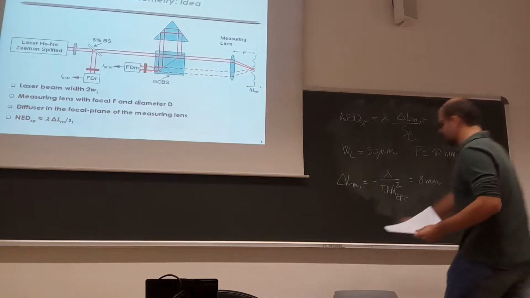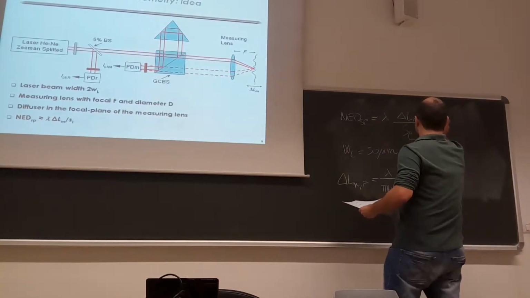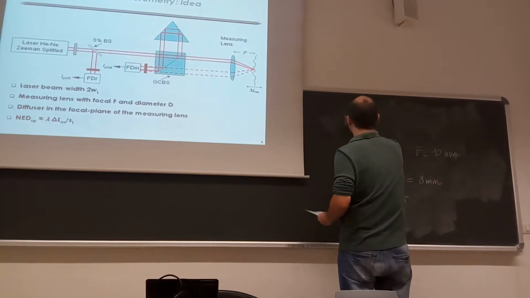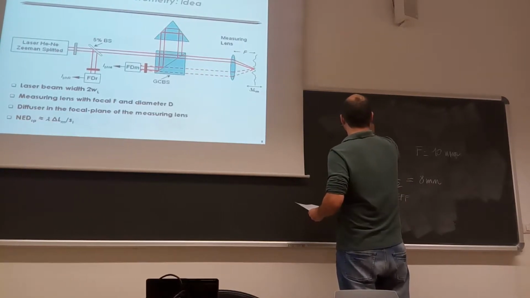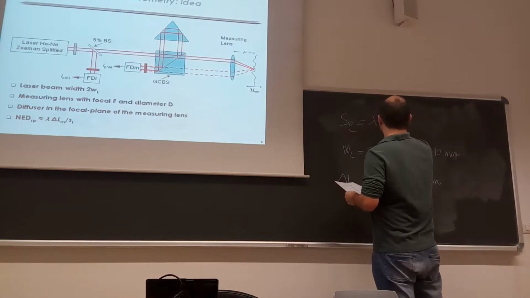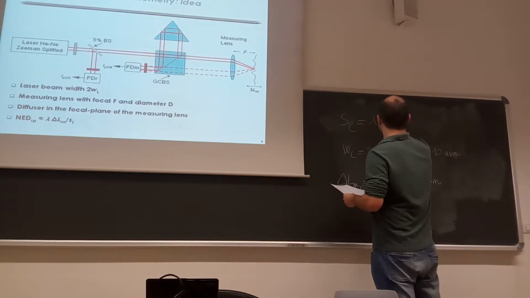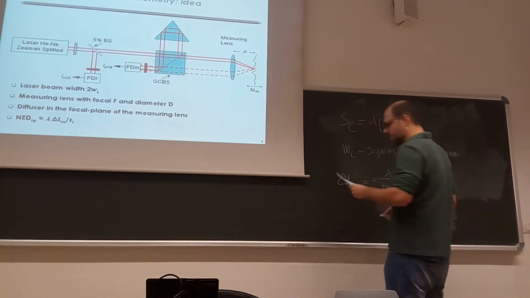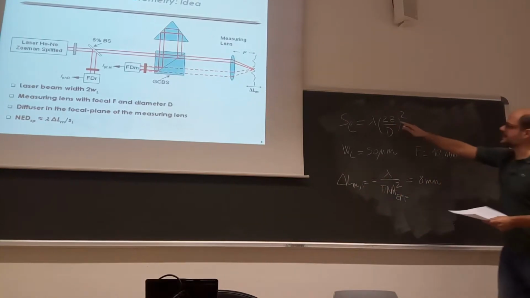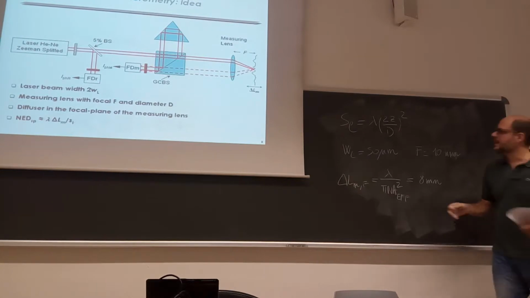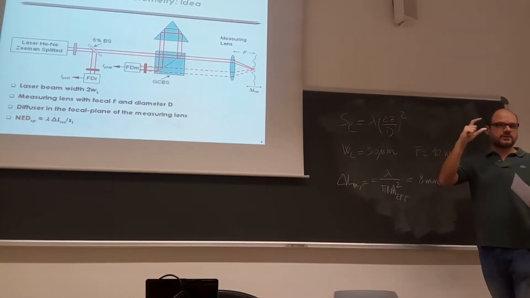And in particular, the longitudinal dimension is given by this relation: 2z divided by d, squared, where z is the distance from the diffuser, and d is the diameter on the diffuser.